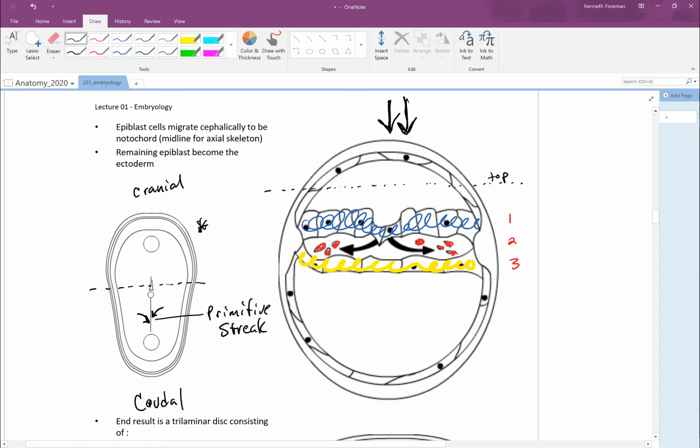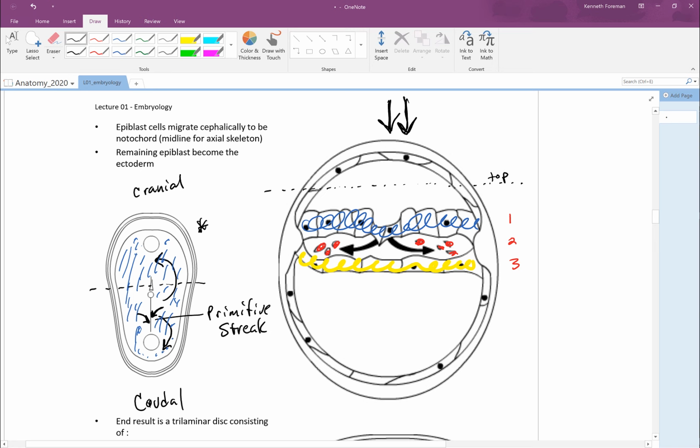I would see blue. So all of this here would be a blue color. And that was the epiblast, which eventually becomes ectoderm. Okay, but the epiblast migrate into this primitive streak, and as they migrate in, they go up towards the head, and then they also migrate down around the tail.